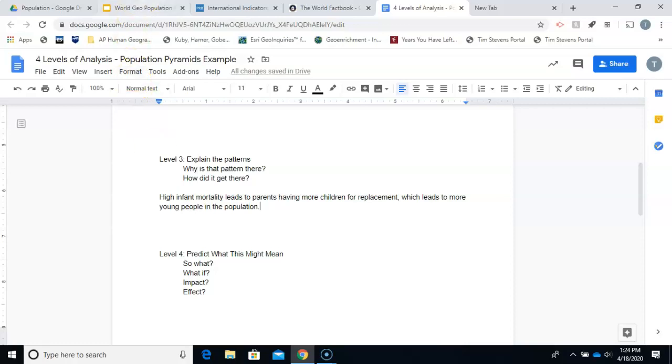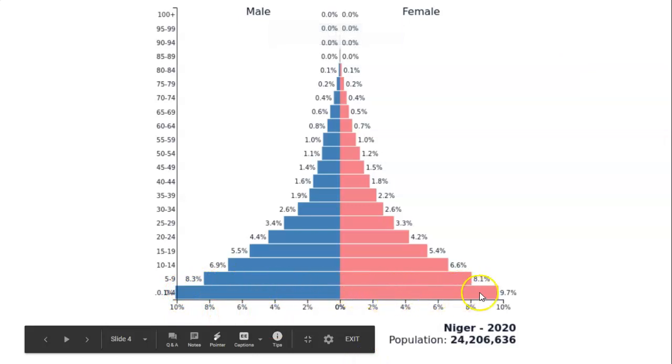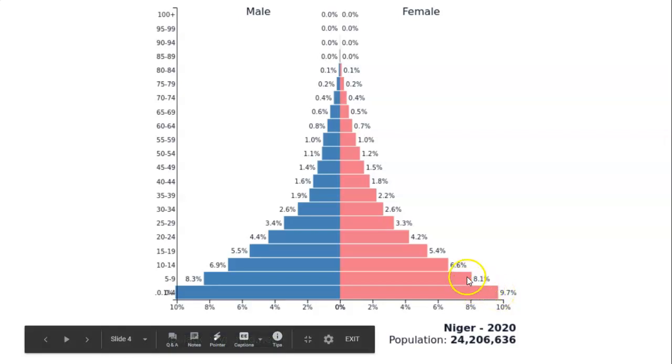So we can explain this, right? A lot of babies being born because a lot of babies are dying. And you can see all those babies dying in the fact that there's this big drop here, right? This is a pretty big drop. You don't typically see drops that big. So this is all the result of infant mortality and child mortality in the country of Niger.